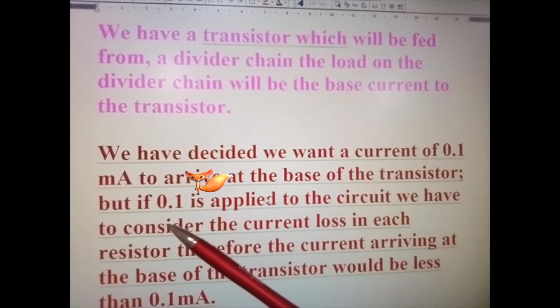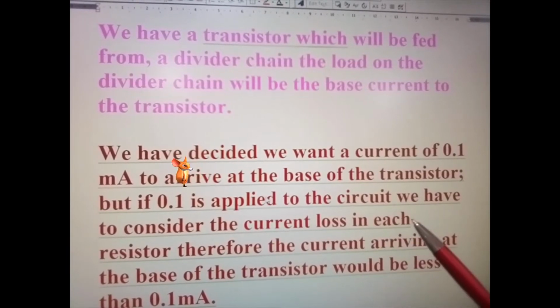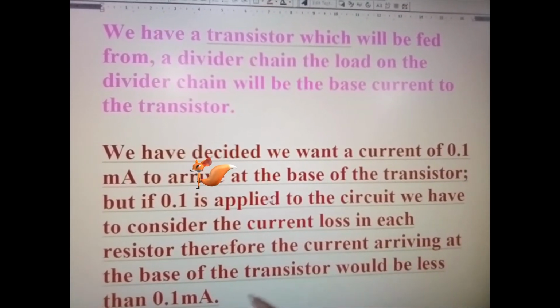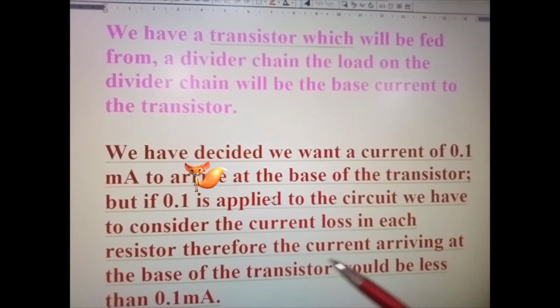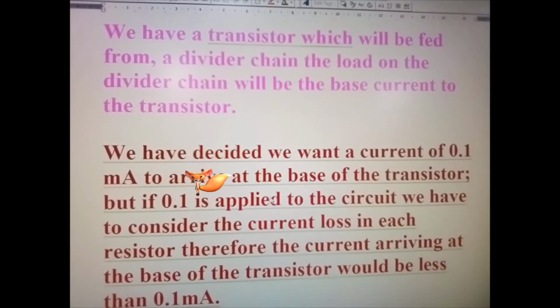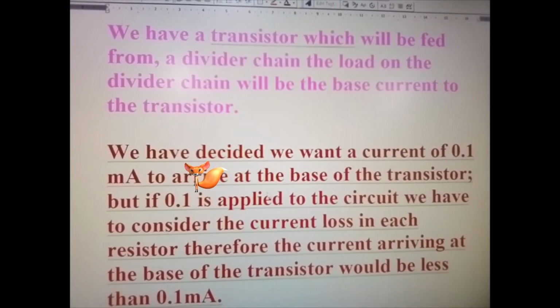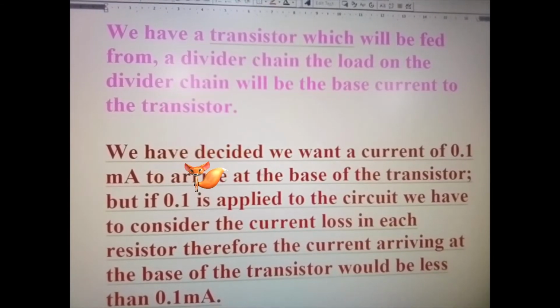But if 0.1 is applied to the circuit, we have to consider the current loss in each resistor. Therefore, the current arriving at the base of the transistor would be less than 0.1 milliamps. So again, we need to take certain things into account.